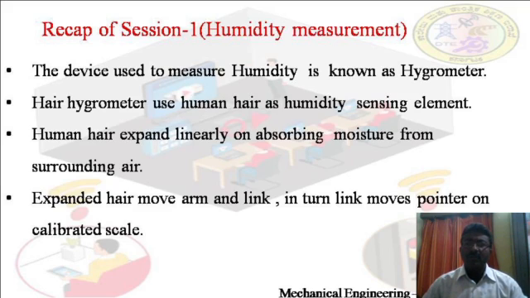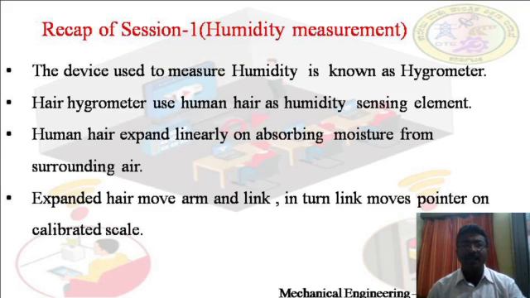Among them, the most popular type is the hair hygrometer. The hair hygrometer uses human hair as a humidity sensing element. This human hair expands linearly on absorbing moisture from the surrounding air.